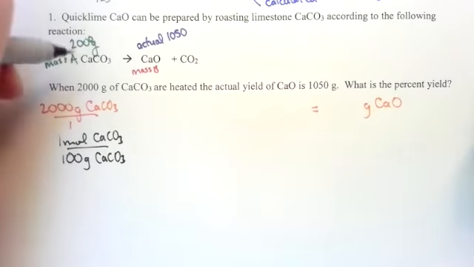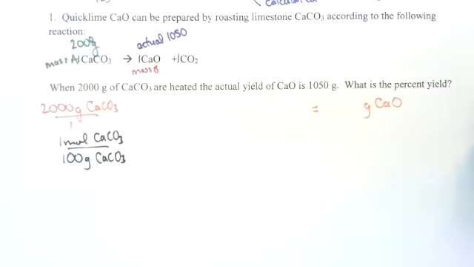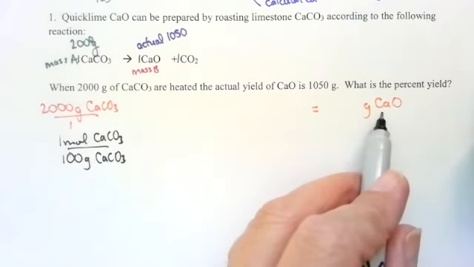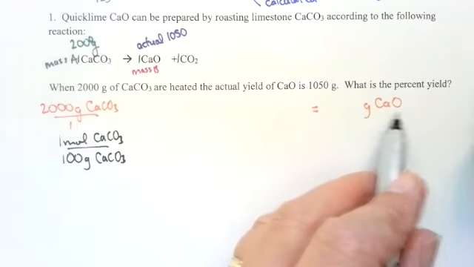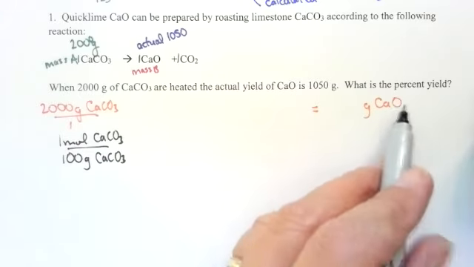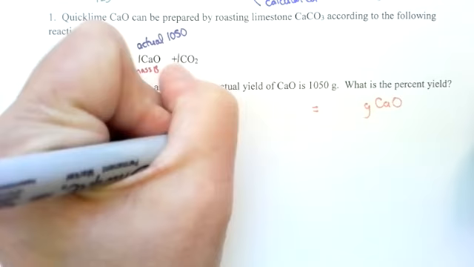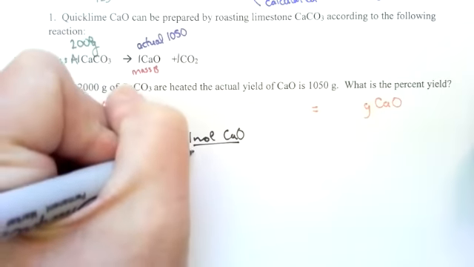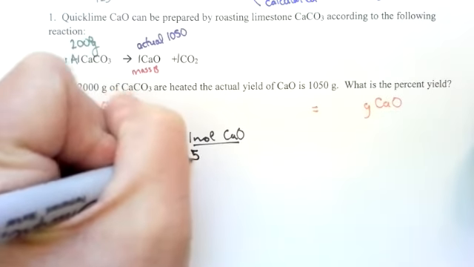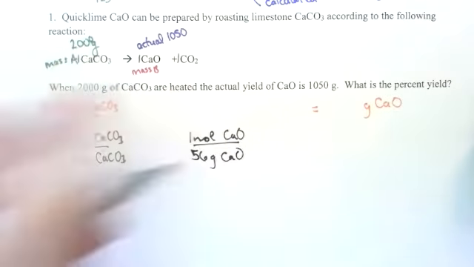Mole ratios are easy. These are all 1 to 1 mole ratios. So I'm not going to bother to pre-write those. I'm going to want the molar mass of this. Calcium is 40 and oxygen is 16. So this is going to be 1 mole CaO to 56 grams CaO.